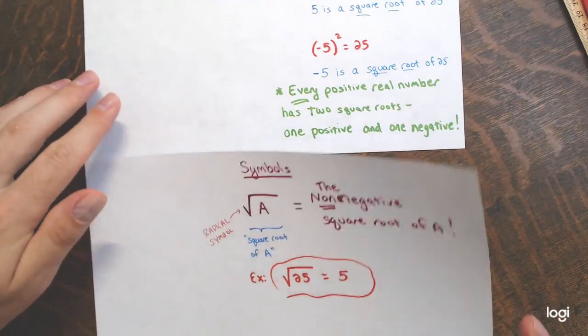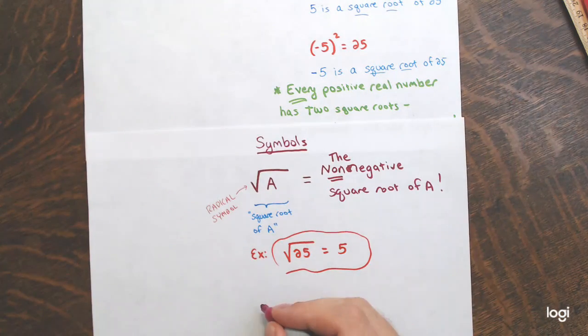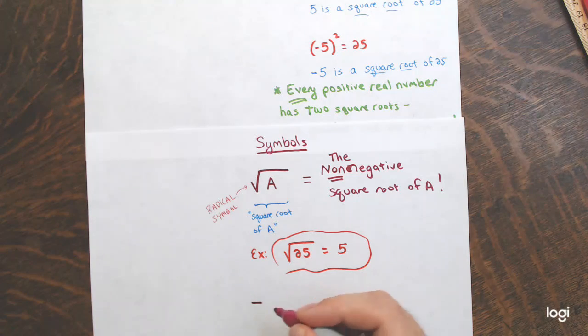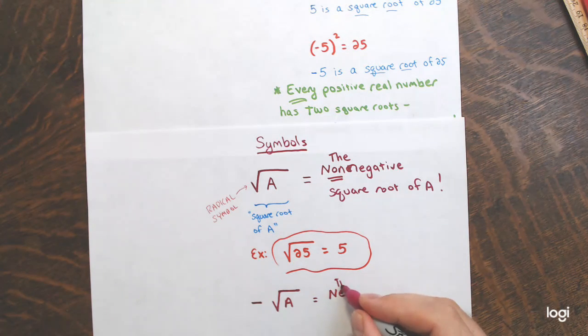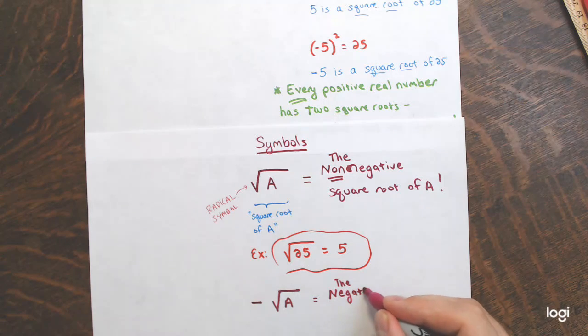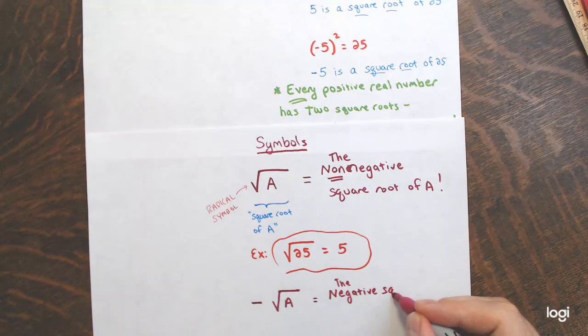Right? Now, what if they want the negative one? You'll see in texts, they'll actually put a negative sign in front of the square root symbol. So if you see a minus sign, a negative sign in front of the square root, then they want the negative square root of a.